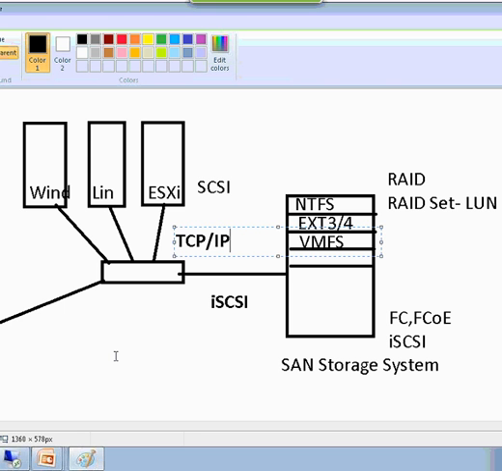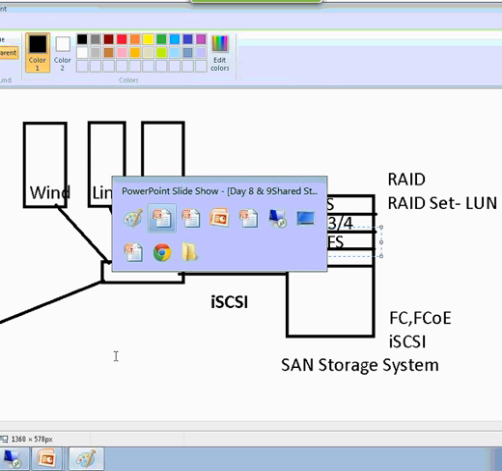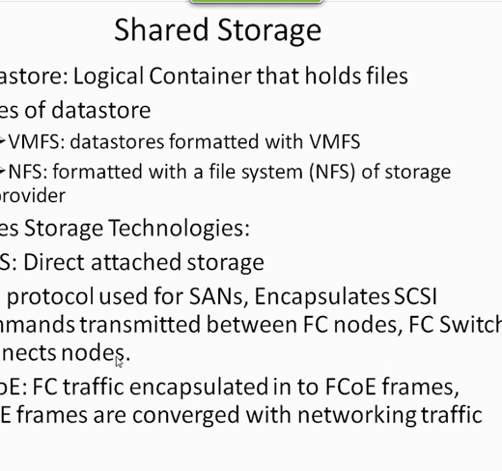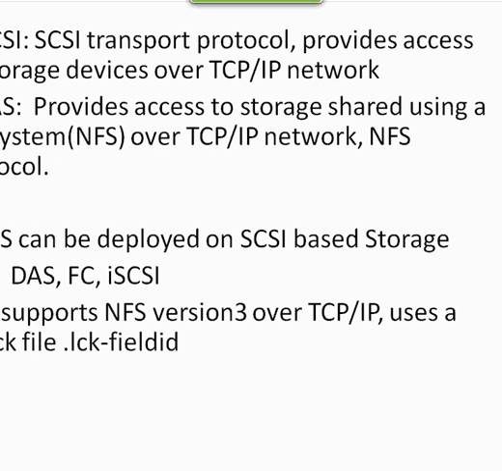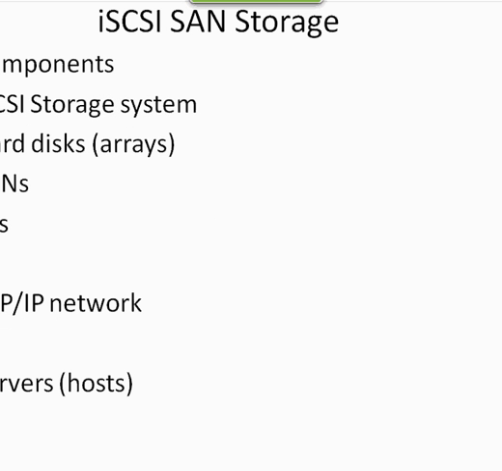Yeah. Now let us try to understand in detail about the iSCSI SAN storage system and how this technology functions, what the terminologies are, and so on and so forth. Now, guys, iSCSI SAN storage components. The iSCSI storage system, as I informed you, contains multiple hard disk drives, and you have RAIDs configured in the background.